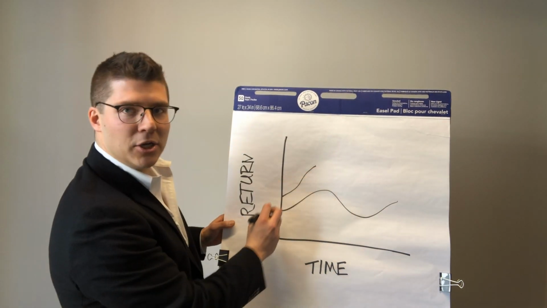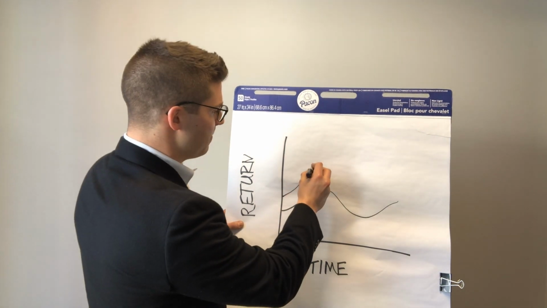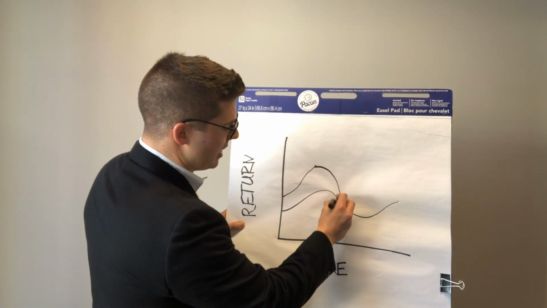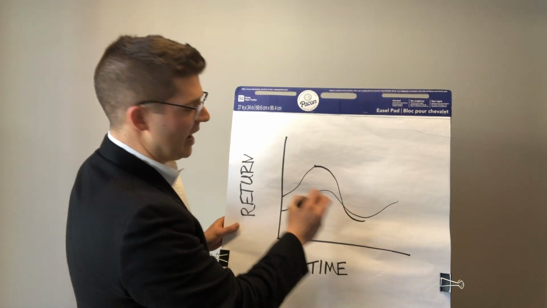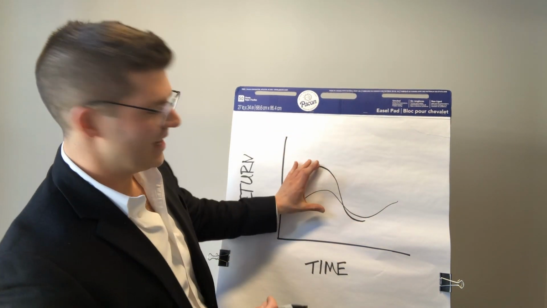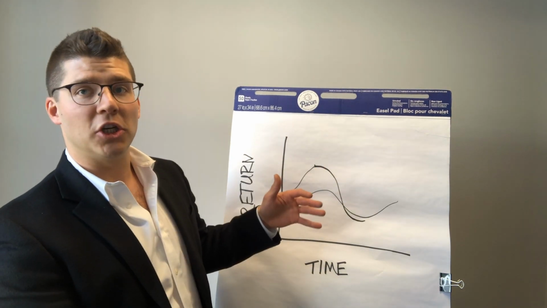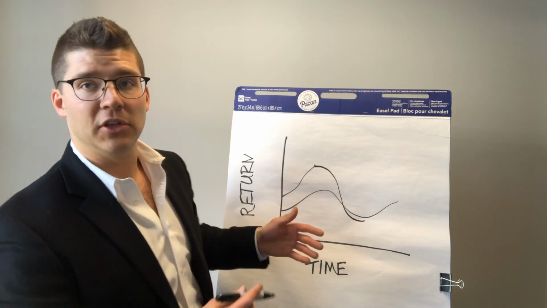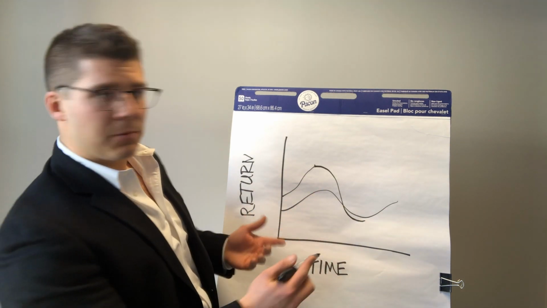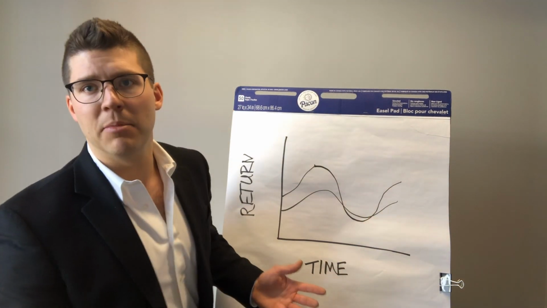It has a bigger peak. It goes up more when the market goes up, but then it has a lower low. It's more volatile. The difference between the peak and the valley is significantly larger than your core product. But then the market starts to pick back up and it goes back up there.